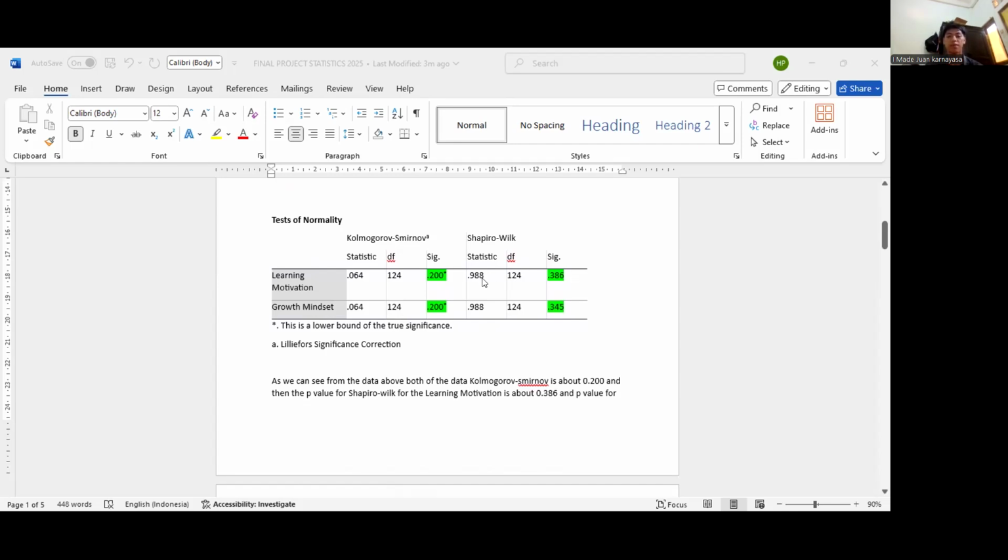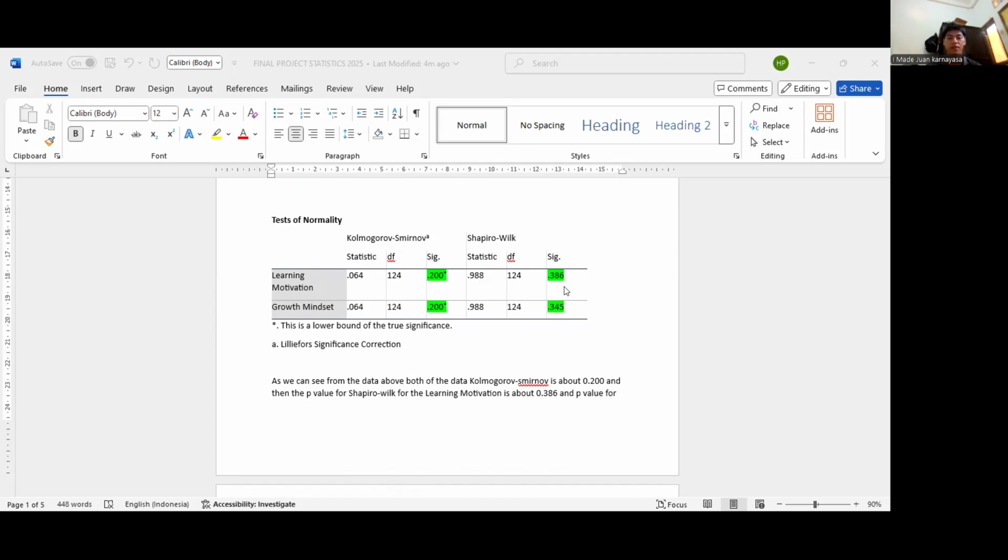As we can see from the data above, the Kolmogorov-Smirnov value for both is about 0.200, and the p-value for the Shapiro-Wilk for learning motivation is about 0.386.